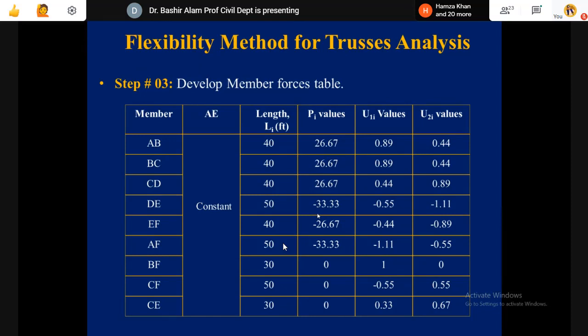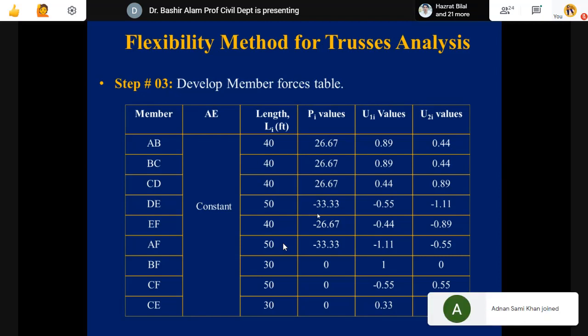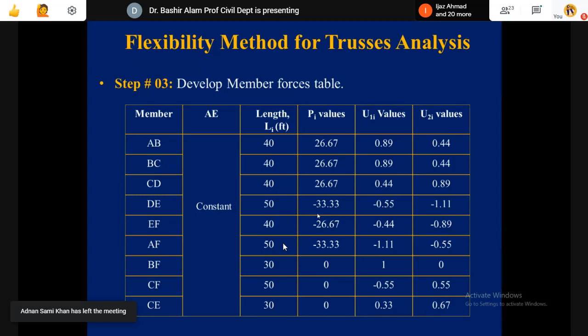P values, capital P. For member AB it was 26.67, tensile in nature. Why? Because it is positive. BC also 26.67 and CD also 26.67. DE, verify its direction now, looking compression. Why? Because it has a negative sign.